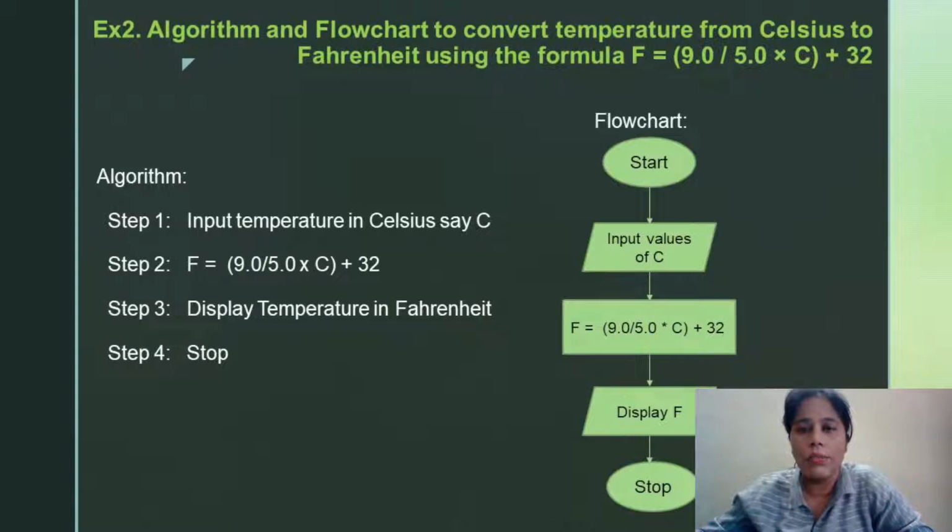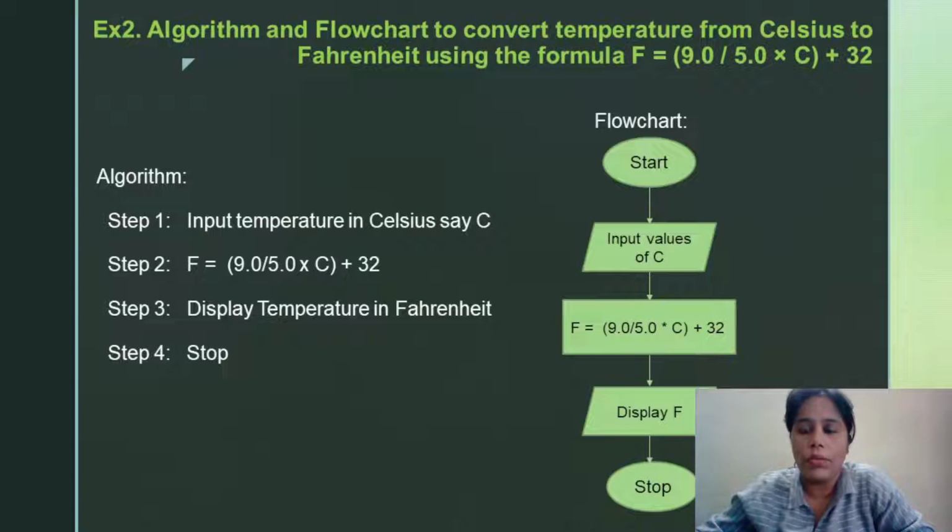This is another example for calculating or converting temperature from centigrade to Fahrenheit. The algorithm is like this. Input temperature in Celsius, then temperature is converted to Fahrenheit and it is assigned to this variable f. After that, display temperature in Fahrenheit.